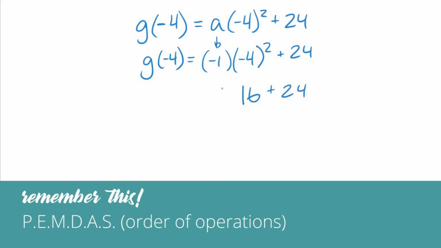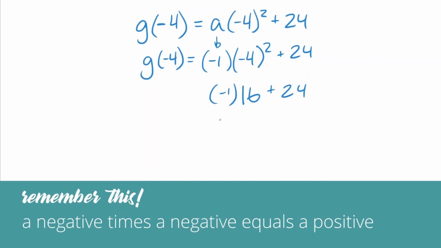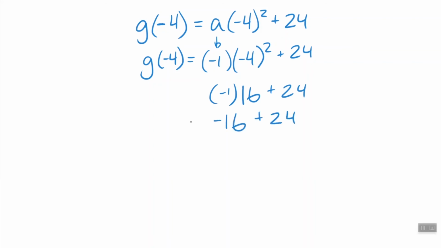That's going to give us 16. From there, we're going to multiply the negative 1 to give us negative 16 plus 24. Now, this looks a little confusing, so let's figure this out by putting 24 over negative 16 and combining them the old school way. From there, we get 8, so g(-4) equals 8.